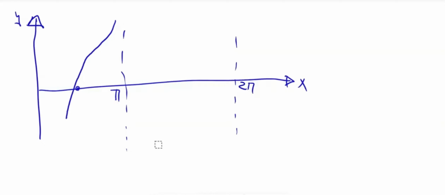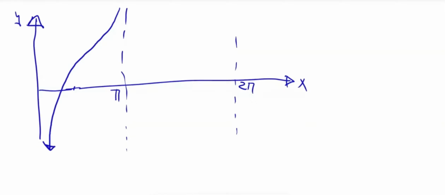Just going to grab it again. It's always a good idea to start from the asymptote side and finish towards the other asymptote. You start from one asymptote and you finish at the other asymptote. So that's my rough sketch.